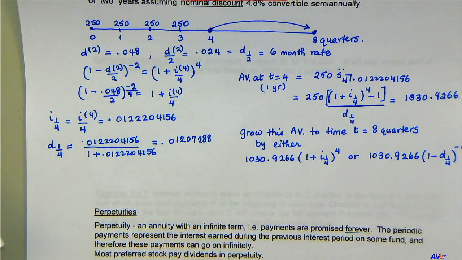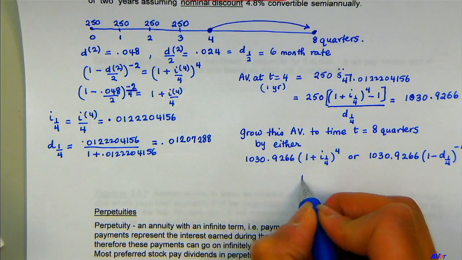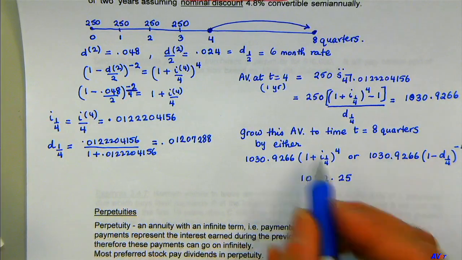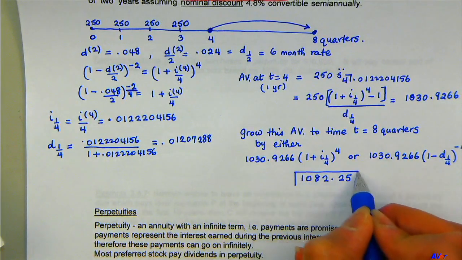Get it? And when you do that, either way, you will get 1082.25. That's the accumulated value.